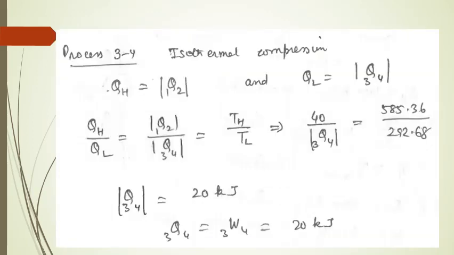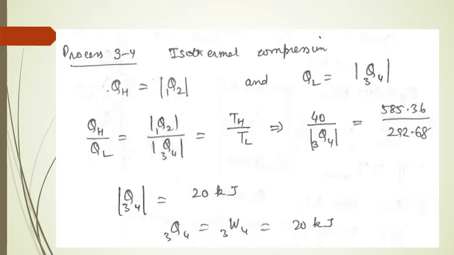Now process 3 to 4 is isothermal compression. QH is equal to |1Q2| and QL is equal to |3Q4|. The modulus sign has been put because QH and QL are basically representing the magnitudes of the heat transfer.